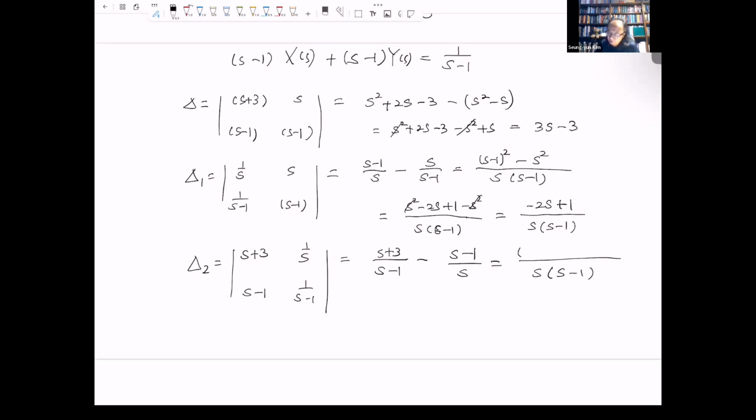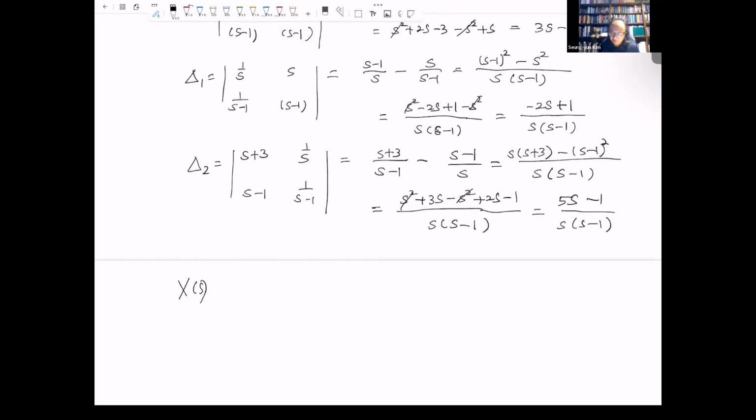For the numerator, (s plus 3) times s minus (s minus 1) squared. That is s squared plus 3s minus s squared plus 2s minus 1 over s times (s minus 1). And then we have 5s minus 1 over s times (s minus 1).